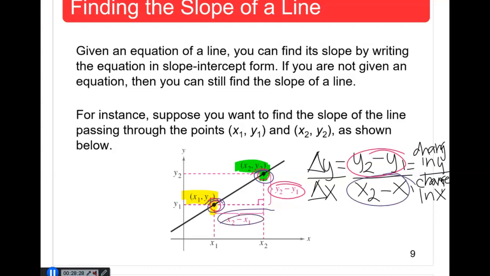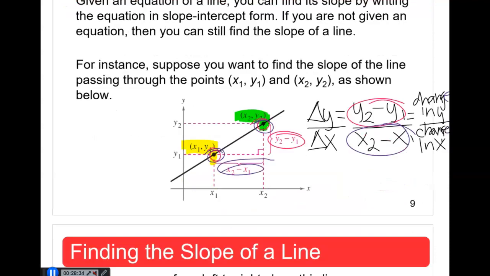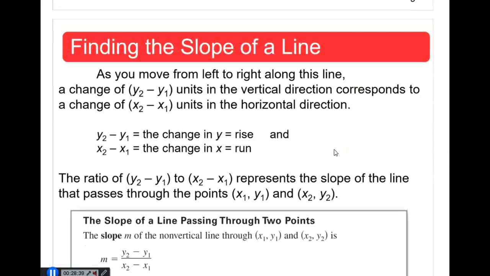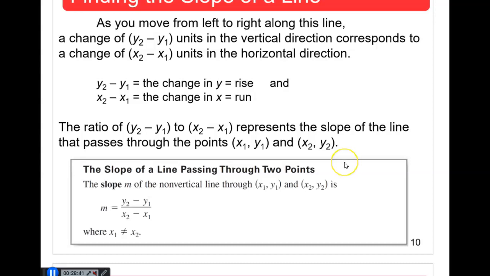So remember the change in y divided by the change in x. So we have a summary of what we just said. And so we want to see how the graph behaved in the vertical direction.